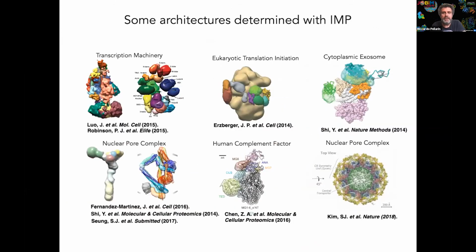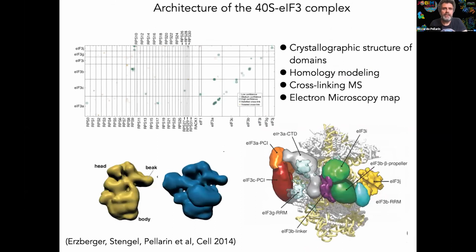So this has been used in several examples, which have been published. In particular, I wanted to mention the architecture of the ribosome with the EF3 complex, which has been practically determined using only a few crystallographic structures of domains, homology modeling of other domains, cross-linking mass spectrometry, and a low-resolution electron microscopy map.